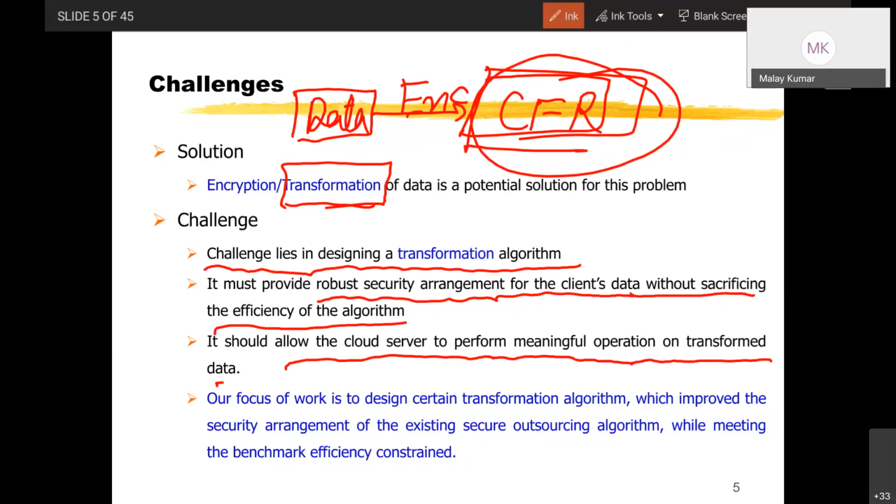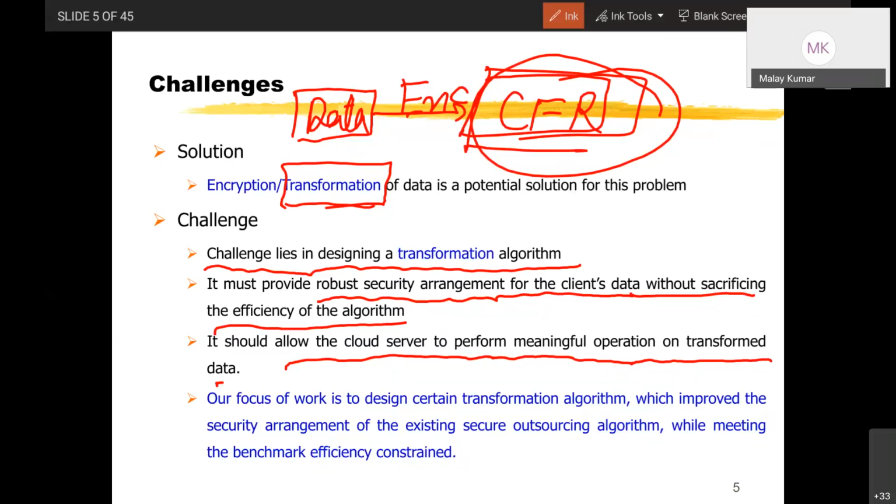Means whenever you are performing an encryption over the data, it is possible you provide a very robust encryption, means by any means, the cloud server or the adversary is not able to break that crypto system. Okay, so that is possible.